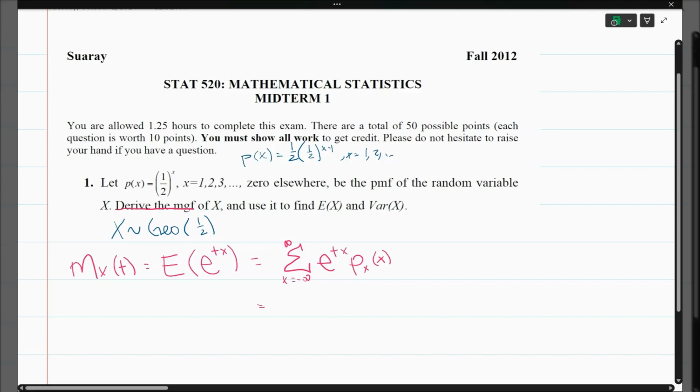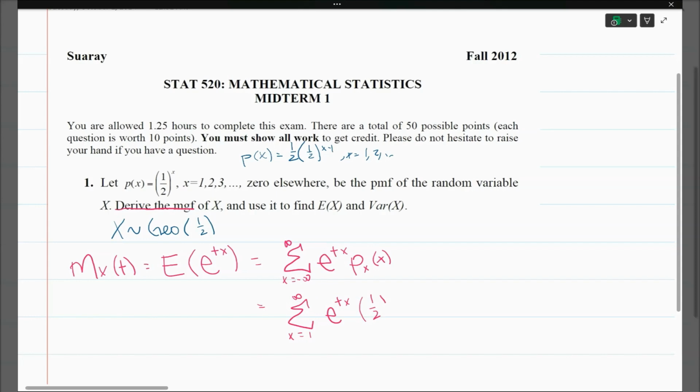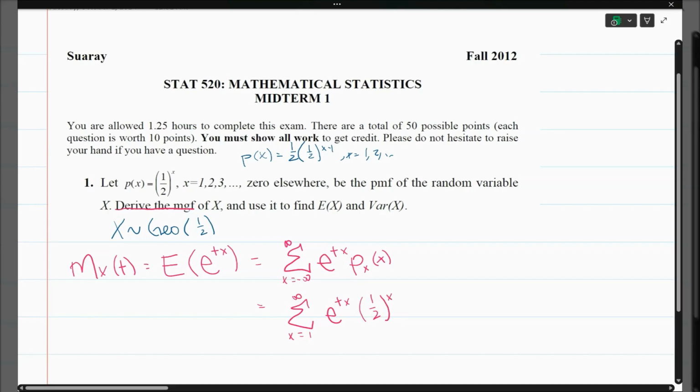In this context, this is going to be the sum from x equals 1 to infinity of e to the tx. Our p of x is 1/2 to the x. And what's critical is to look at an expression like this and recognize that what you want to do is bring the bases together so you have an expression that is essentially raised to the x power.